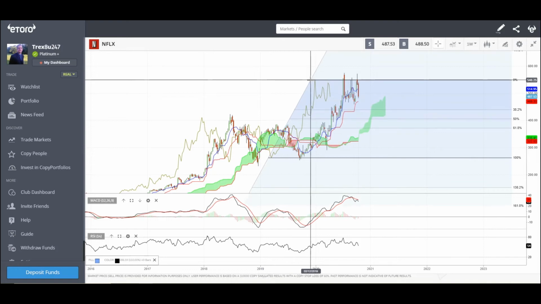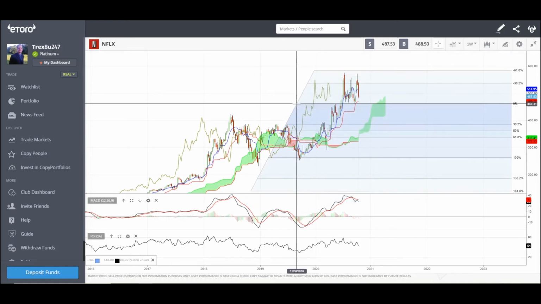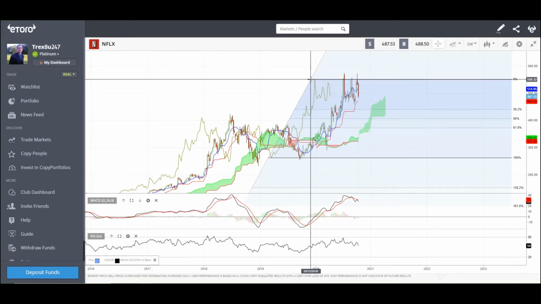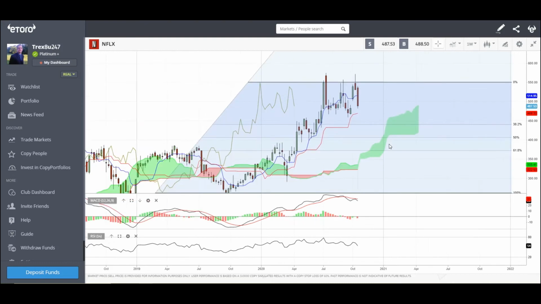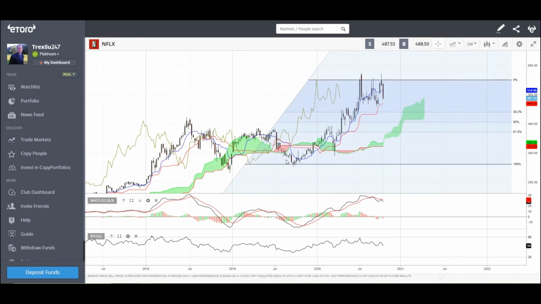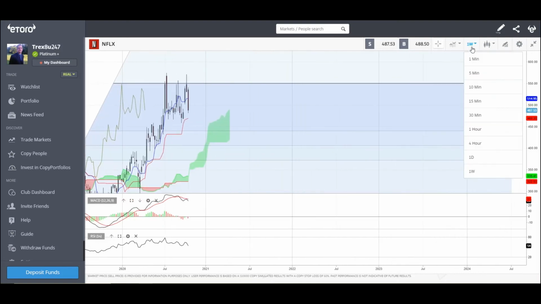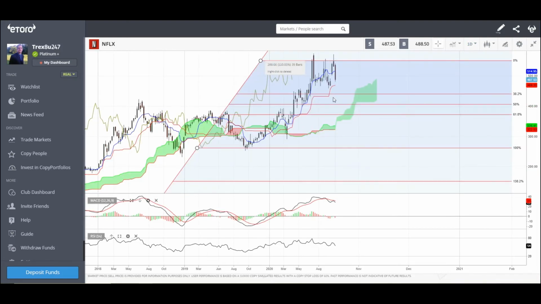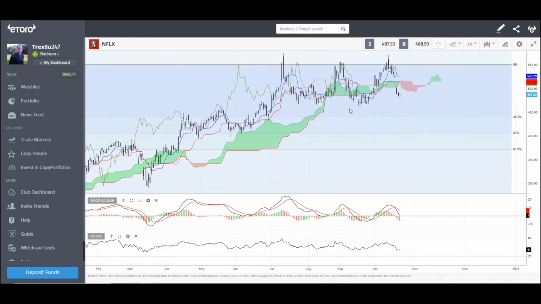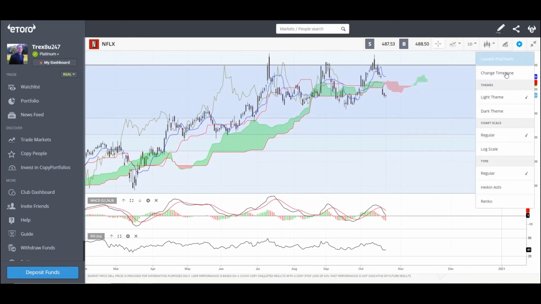Next up, Netflix. Setting up our Fibonacci. Dropping down to a day chart.